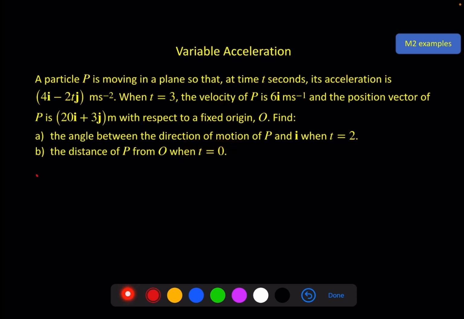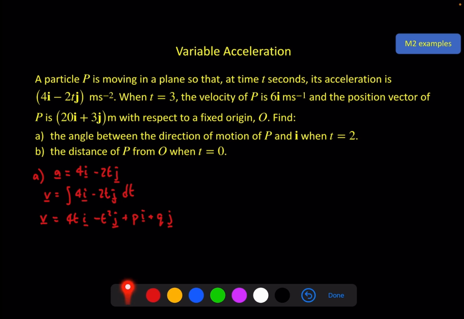So first of all, using acceleration given in the question, 4i minus 2tj, we need to integrate this to get the velocity. And that gives us 4ti minus t squared j plus pi plus qj. That's the general solution.